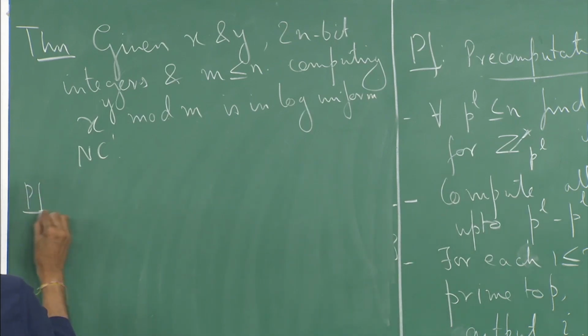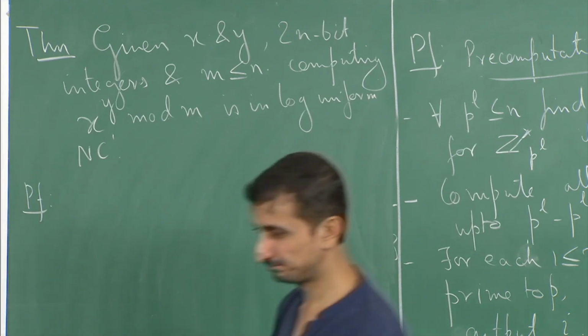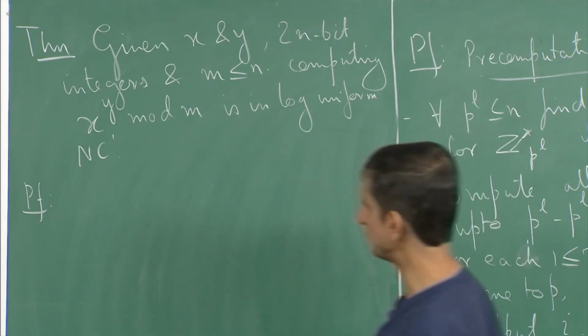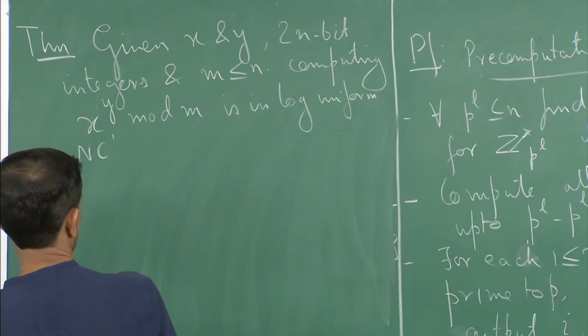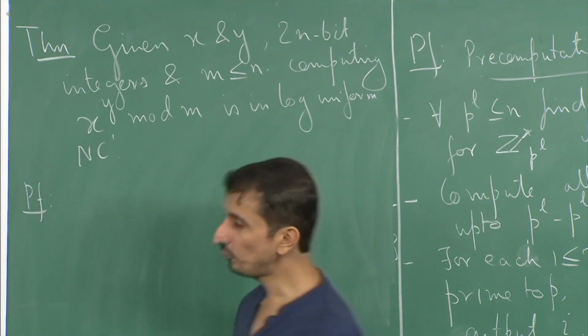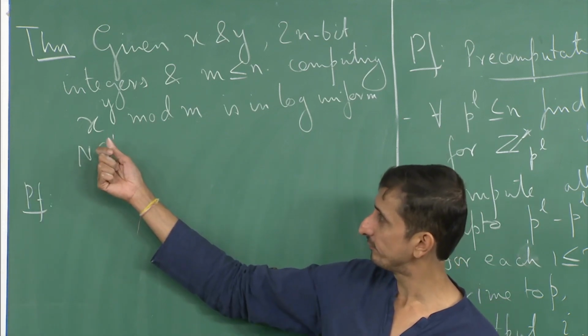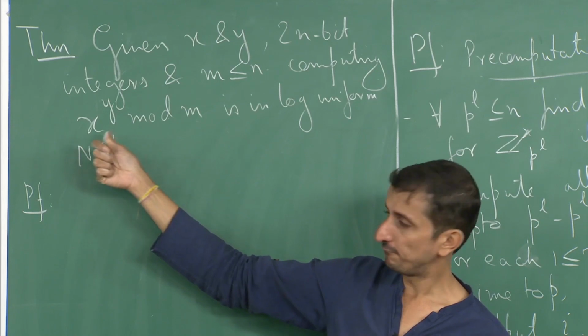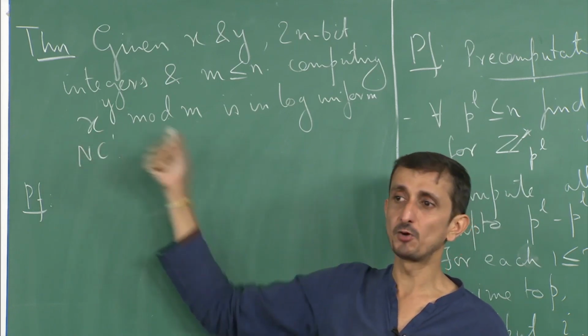The proof idea is actually just a few things, but I will give you some hints to the proof. So what we do is that instead of x, first we will compute x mod m.